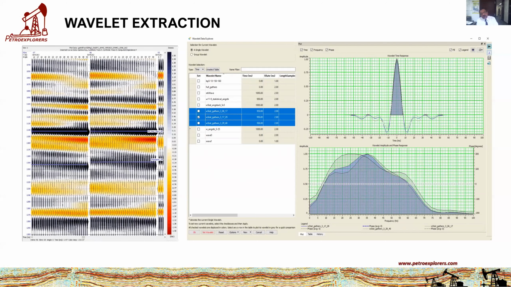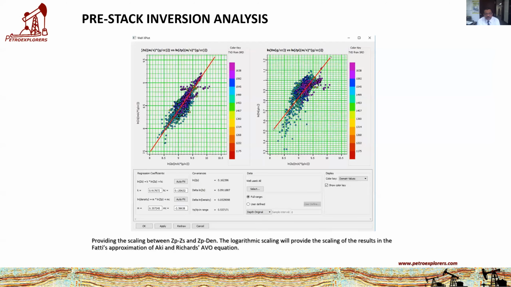First, I also have to make sure the polarity is correct, and a lot of work is done based on the wells to get the polarity right. Then, as I said before, the ZP-ZS relationship and the ZP and density relationships are based on the wells.